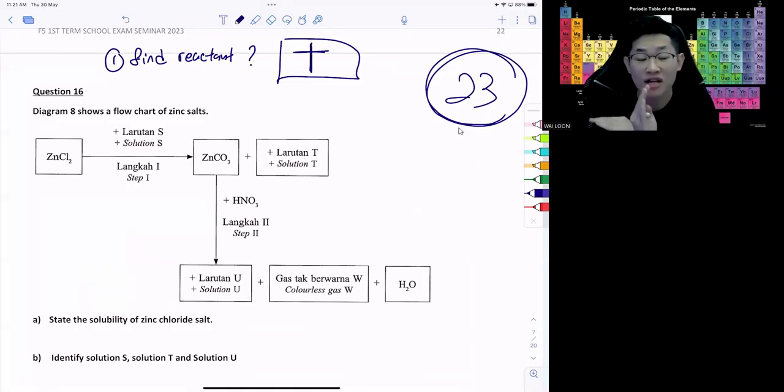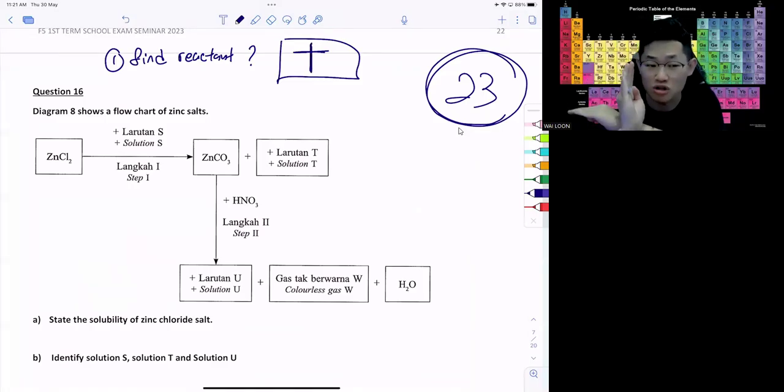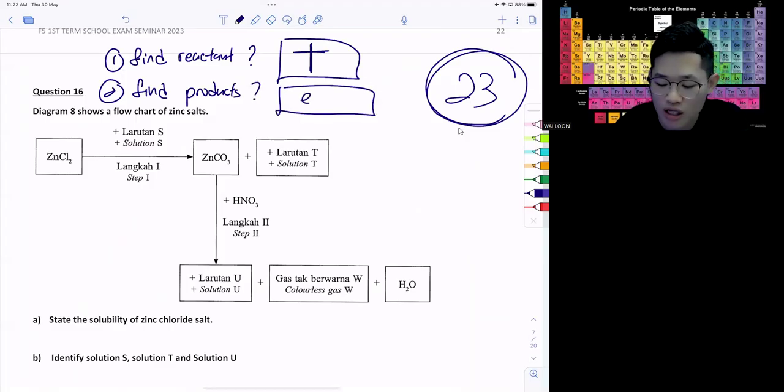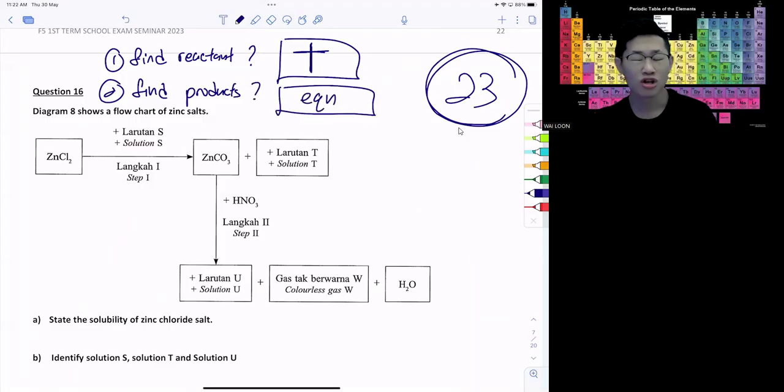Finding reactant, remember, in the preparation of salt, we use cross. If they want you to find products, then we will write equation. We use equation to find product and we use cross to find reactant. Okay, let me show you.